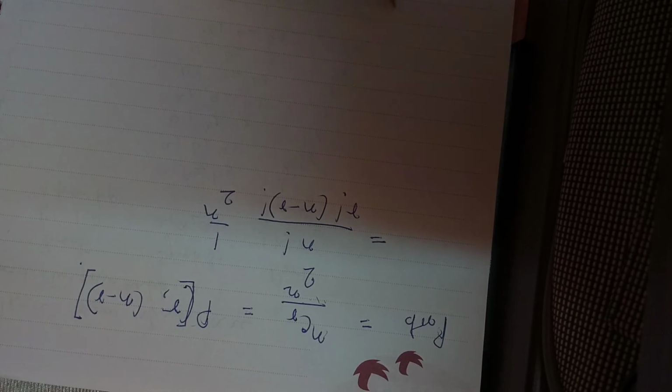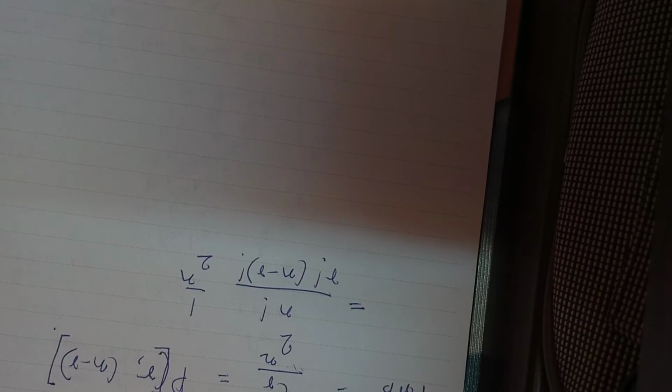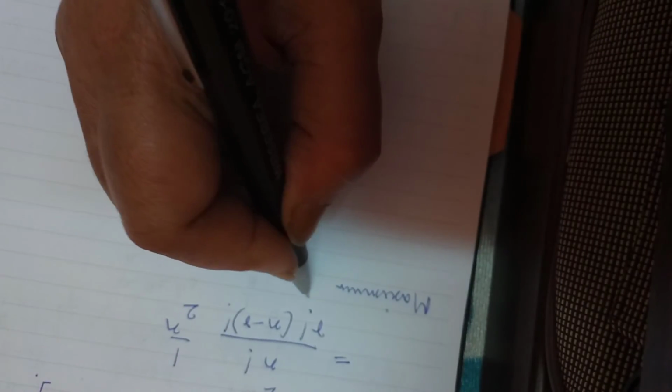How do you get the maximum probability? Because the maximum probability gives you the most probable state. A state will be most probable when you consider the maximum probability.